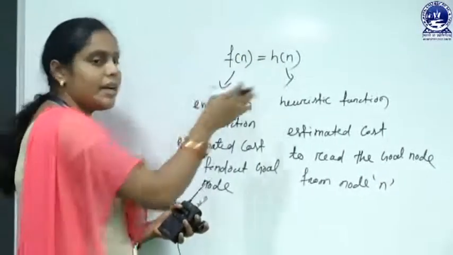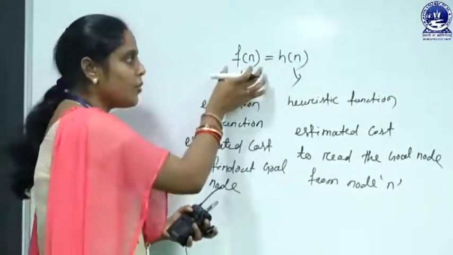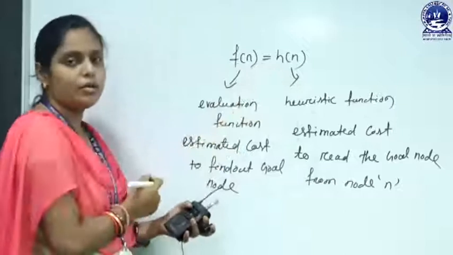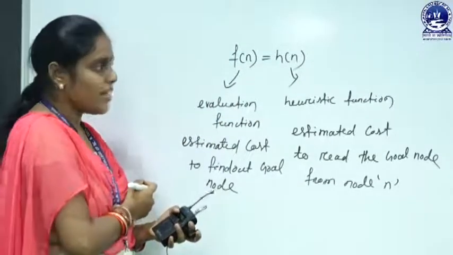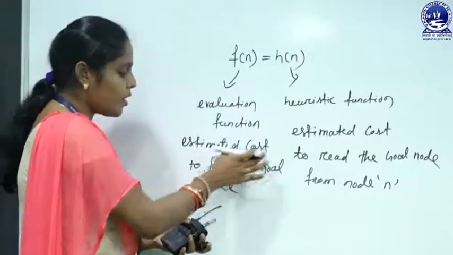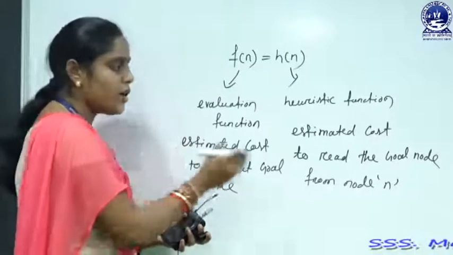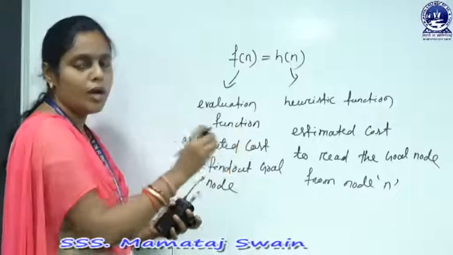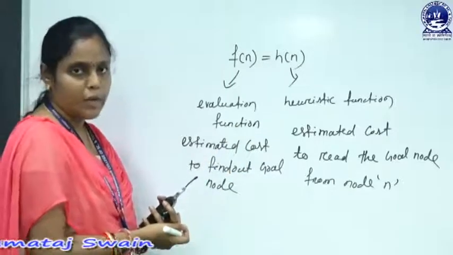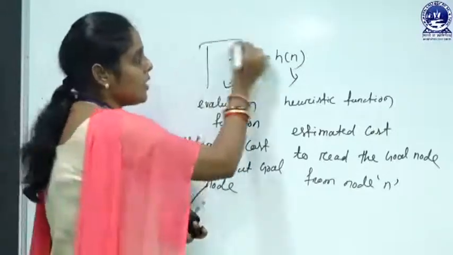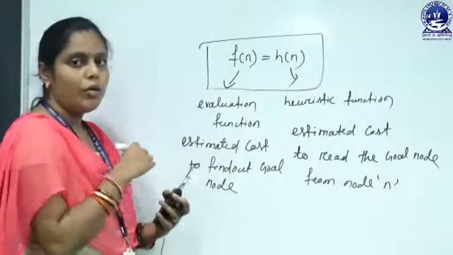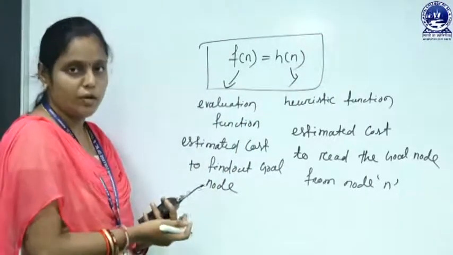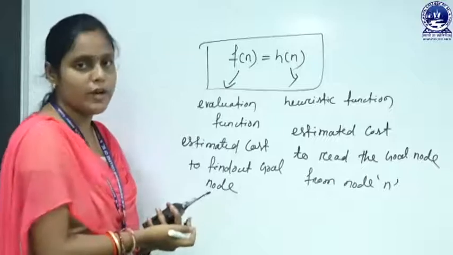Here in greedy best first search, the evaluation function is equal to the heuristic function. That means the estimated cost to find the goal node is the estimated cost to reach the goal node from node n. Using this condition, we perform the greedy best first search.